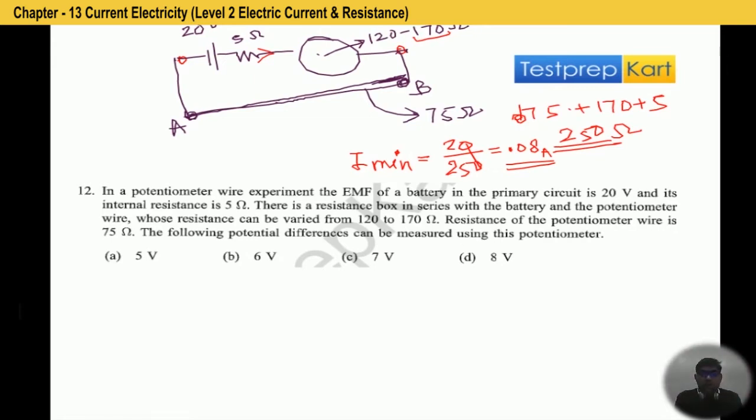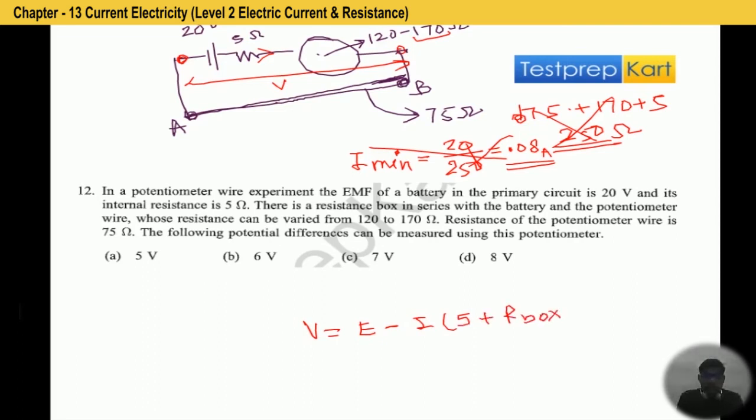One second, I think this is a wrong assumption, because the terminal potential across the resistance AB, the wire of potentiometer, would be EMF of the cell minus I into the 5 ohm internal resistance plus the resistance of the box.